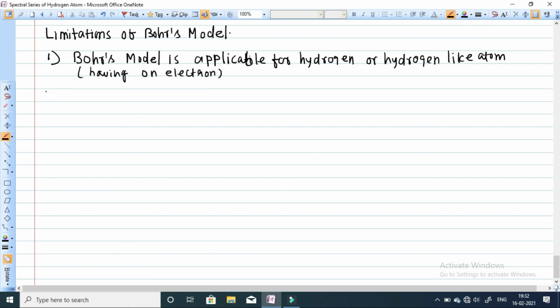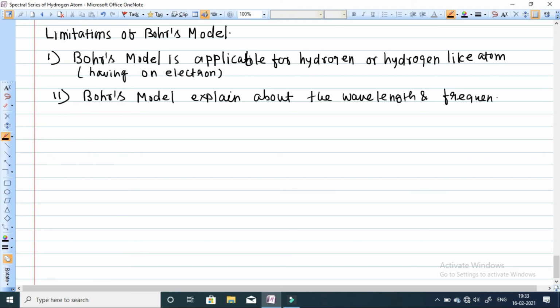Number two, Bohr's model explains the wavelength and frequency of light emitted by the hydrogen atom, but not their relative intensities. As we have seen in the spectral series, Bohr's model explains the wavelength and frequency of the emitted radiations, but not their relative intensities.